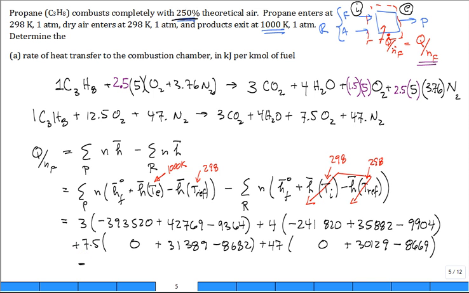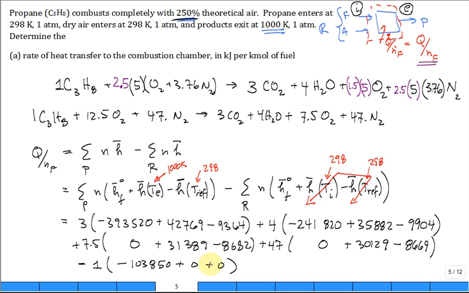Now we subtract for each of the reactants. We'll start with the fuel first. The fuel has a coefficient 1, and it has enthalpy of formation for the propane, negative 103,850. It comes in, and I'm just going to put them at 0, 0.